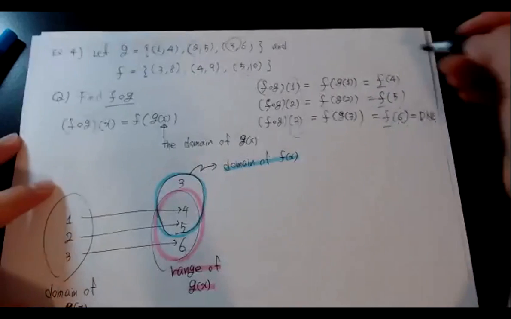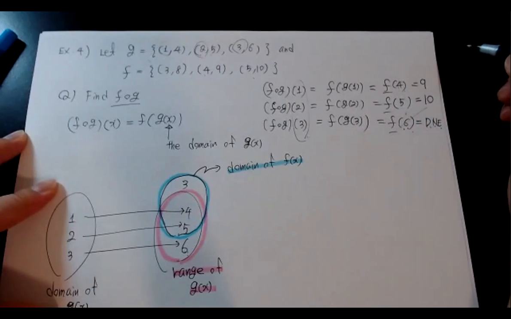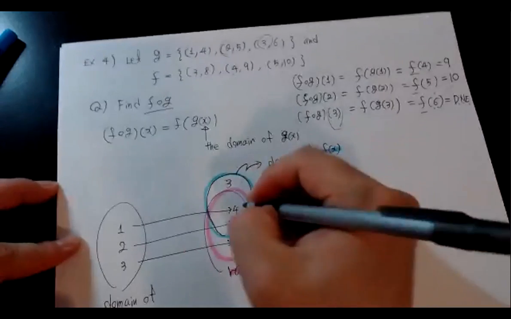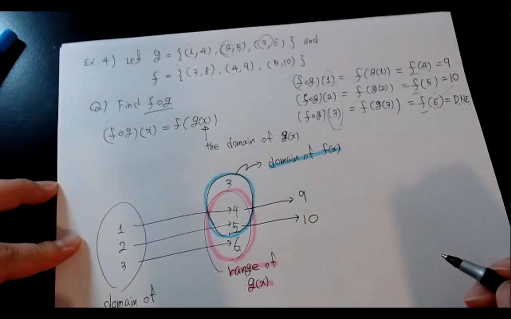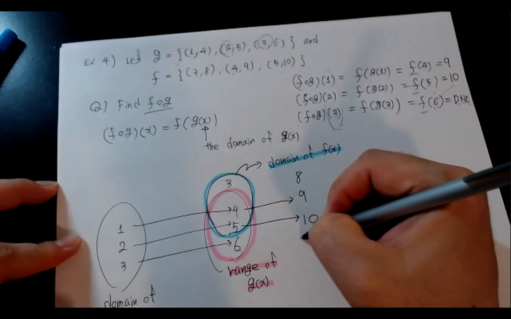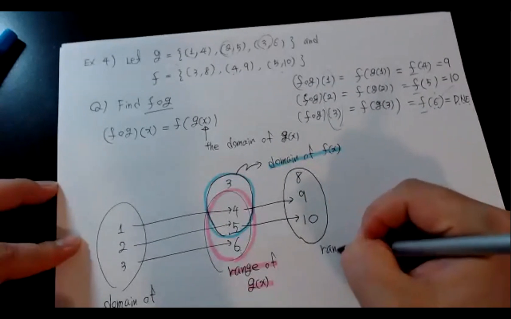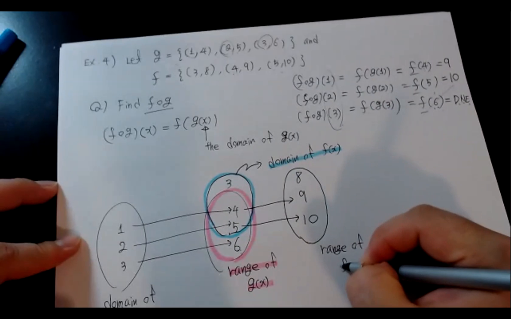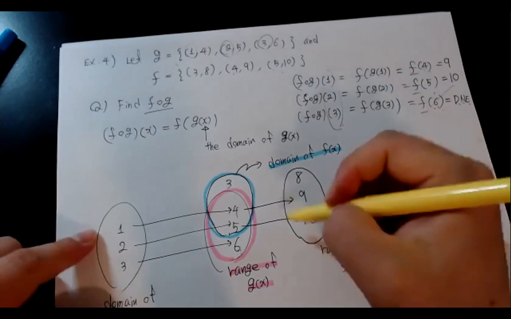So what is f of 4? It is 9. What's f of 5? 10. You see that 4, 9, 5, 10. So 4 goes to 9, and then 5 goes to 10. So this is the range of f of x. Let me use another color. This one, range of f of x.